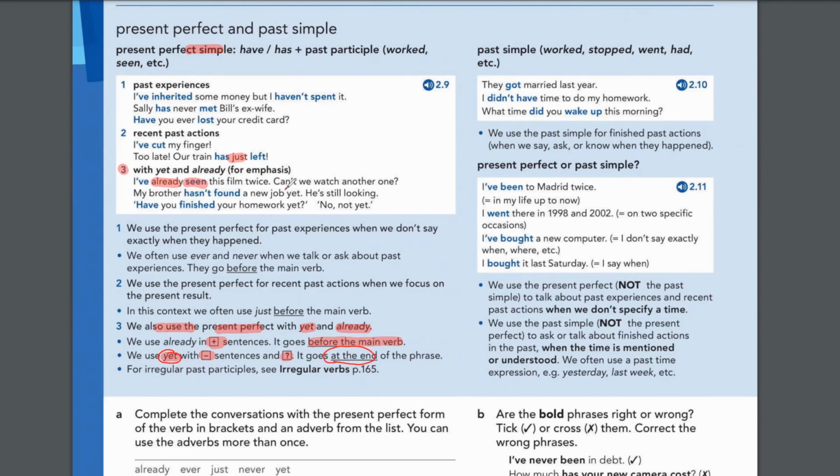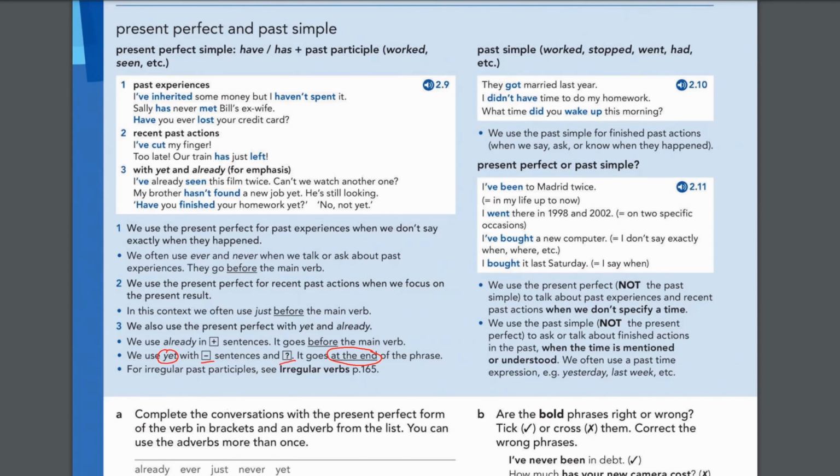As you can see here, the first one is negative, hasn't found yet, and the second one is a question, have you finished your homework yet? So this is important. Two things you should know about yet. The word yet comes at the end of the sentence or phrase all the time, and we can only use yet with negative and question present perfect, guys.